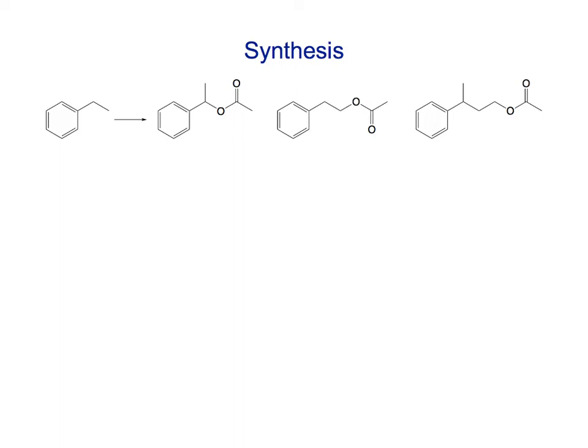So let's first take a look at this one right here. Okay? So what we want to do is attach this ester here to that position, the benzylic position. How can we do that?